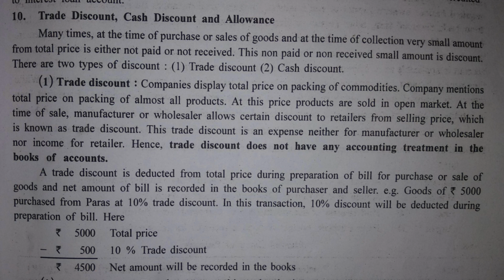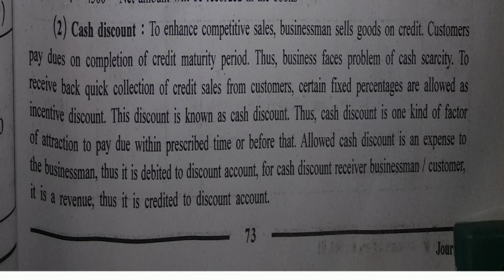Cash discount is calculated after calculating trade discount and it is to be shown in the books of accounts. And allowance is also a type of discount, but it is the smaller amount compared to discount. Yes? So if you read this in detail, you'll get to know. And right now we are going to start.